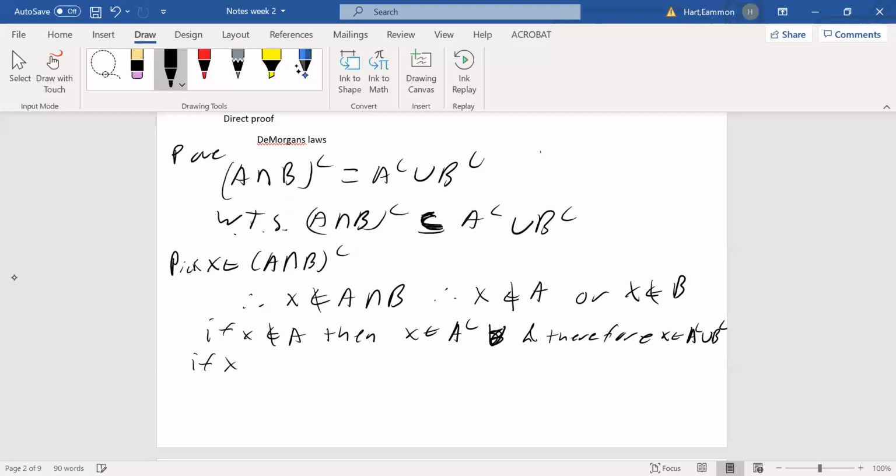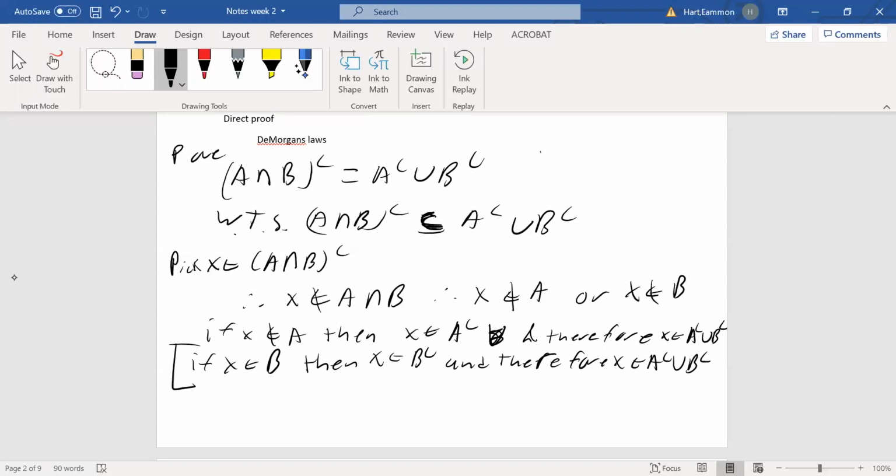If x is not an element of B, then it follows the exact same structure. This second line right here, you don't have to write it.